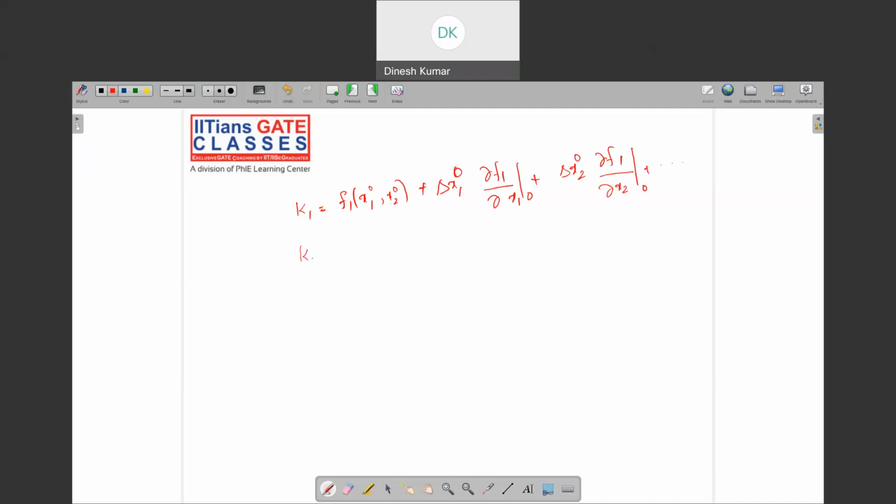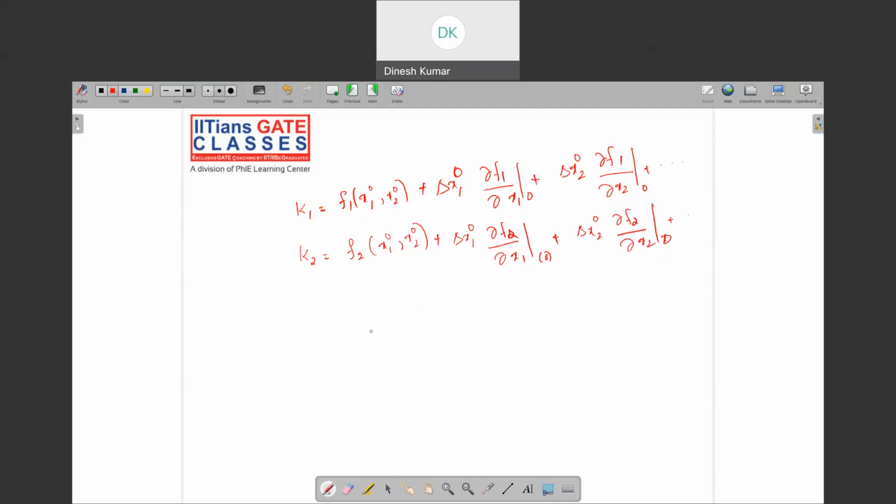So what is basically k2? k2 will be f2 of x1 0, x2 0 plus delta x1 0 into dou f2 by dou x1 at x1 0, plus delta x2 0 into dou f2 by dou x2 at x2 0. We are neglecting all the higher order terms.